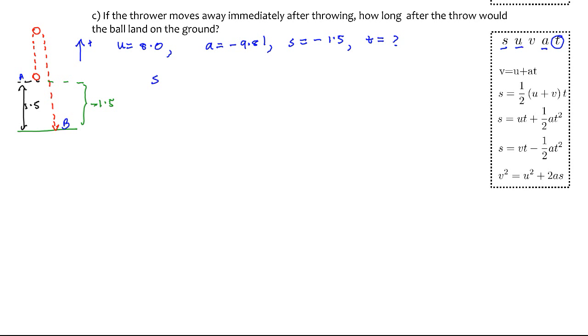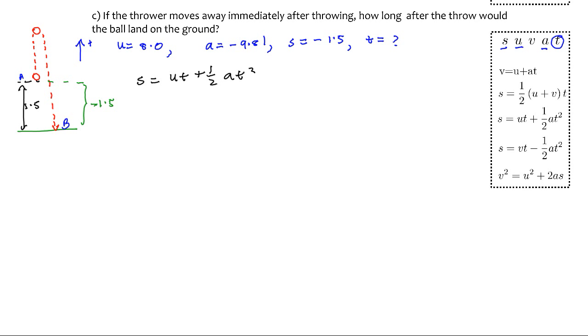It is s is equal to ut plus half at squared. So we get s is equal to ut plus half at squared, and I'm interested in t.